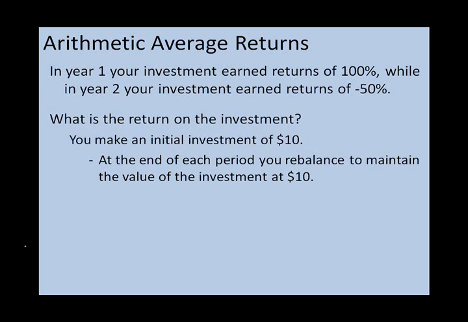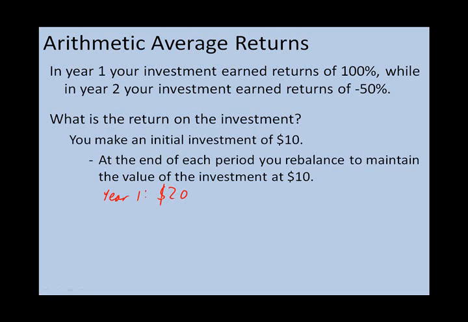So suppose you make an initial investment of $10, and at the end of each period you rebalance the portfolio to maintain the value of the investment at $10. In year 1 we started with $10, but the investment earned returns of 100%. So our $10 went up to $20.